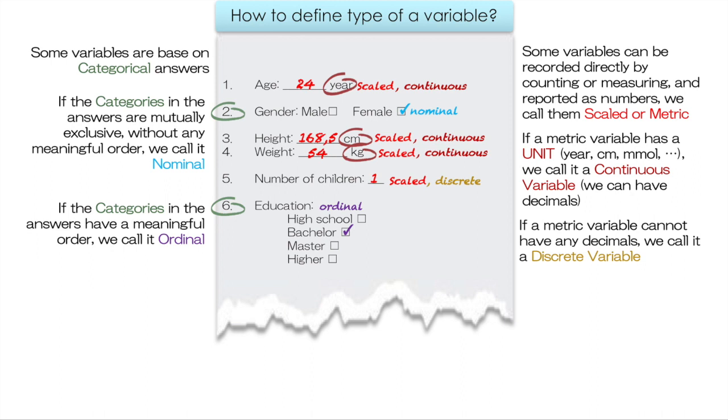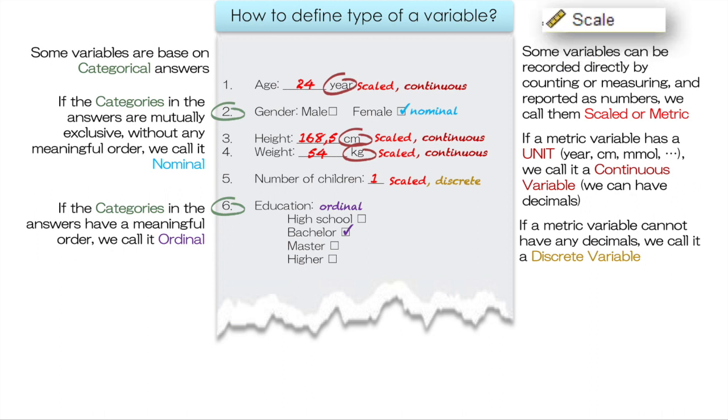However, if we replace education subgroups, for example, high school as 1, 2 for bachelor, 3 for master, and 4 for higher education, as you see, we also use the numbers as names, and we know that comparing 4 to 3, to 2 and 1, 4 has more education than 3, 3 more than 2, and 2 has more education than 1. But the interval between these values has no mathematical value. They are not equal, and they only show the rank in ordinal variables.